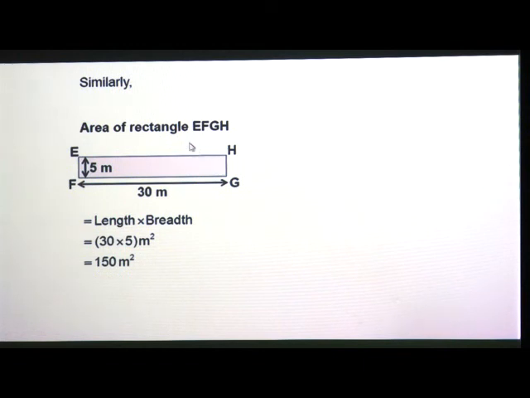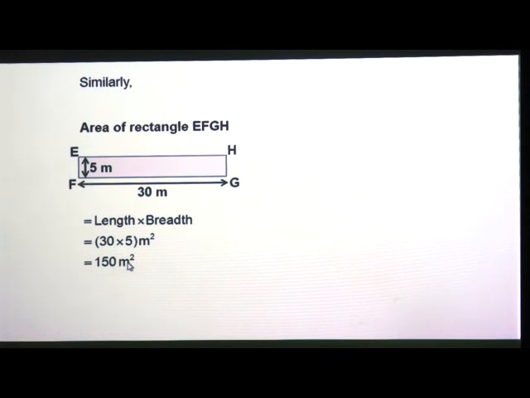So, the area of rectangle EFGH is equal to length into breadth. What is the length? It is 30 meter and the breadth is 5 meter. So, meter into meter is meter square. So, 30 multiplied by 5, you can use the magic of 0, 5 threes are 15 and one 0, so 150 meter square.